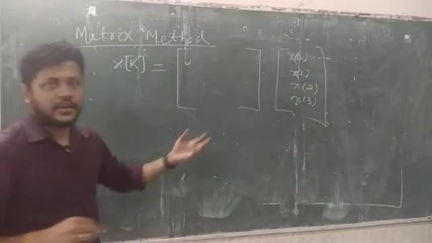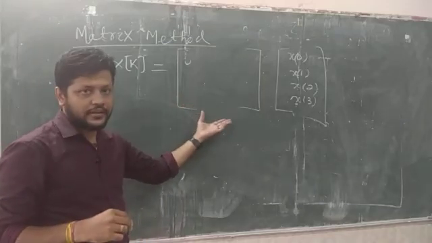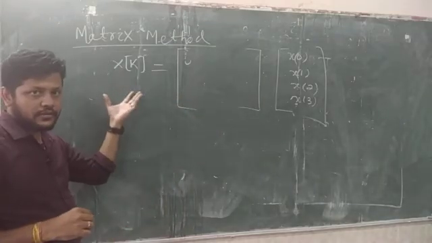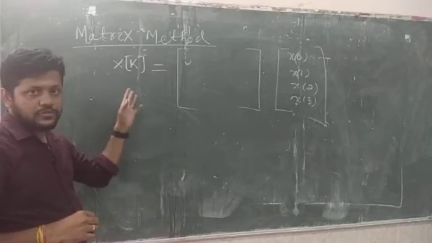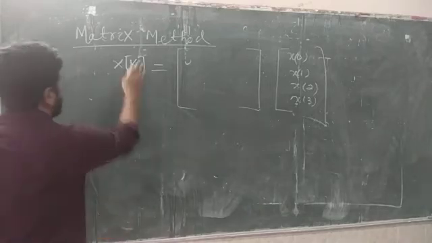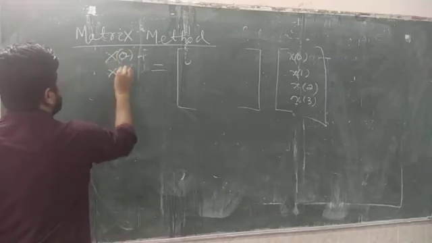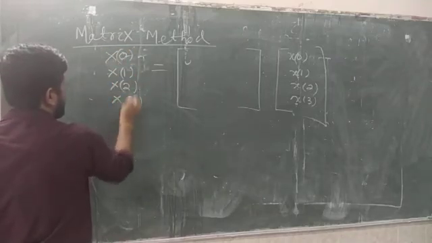You form the matrix, and then we again get the result in the Fourier domain, that is the discrete Fourier transform, the X of k values, X of 0, X of 1, and so on.